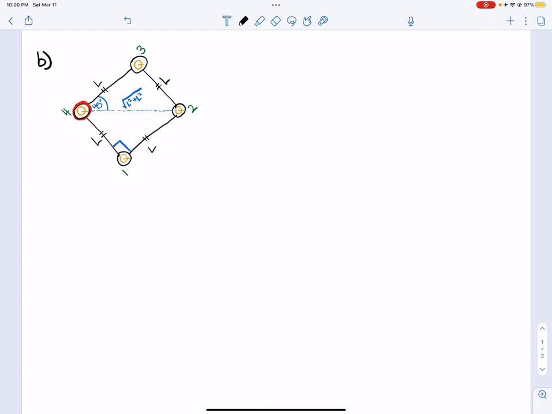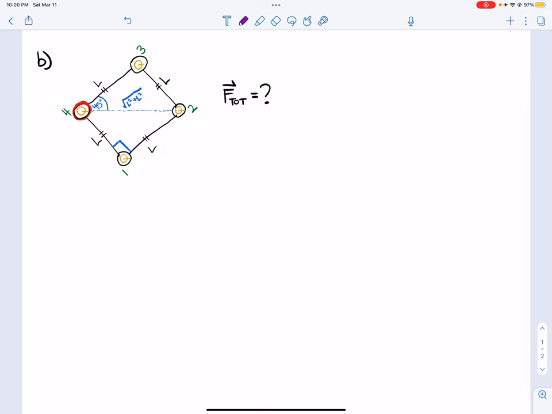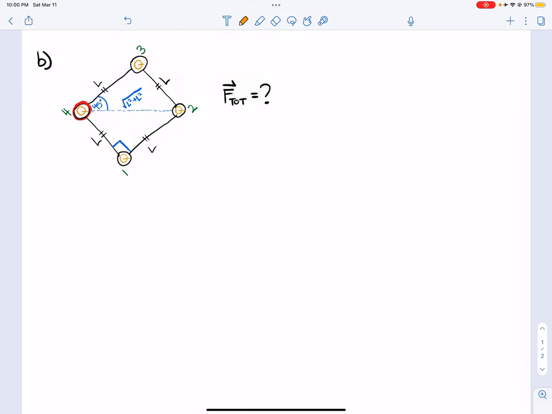Okay. So I am looking for F, my total force, as a vector, which means magnitude and direction, right? Side note, if you guys don't have this in your cheat sheet, you should.